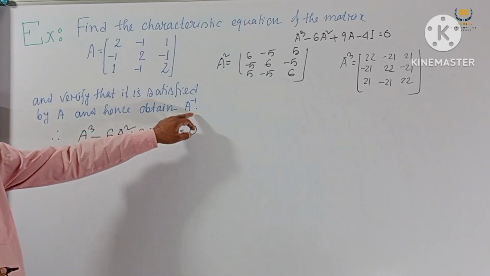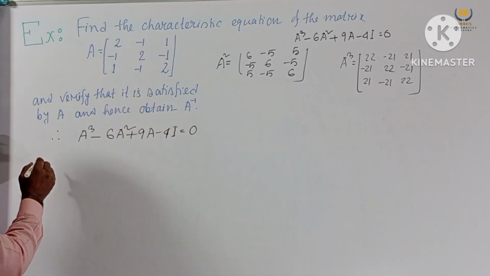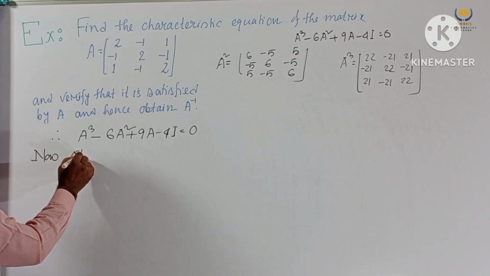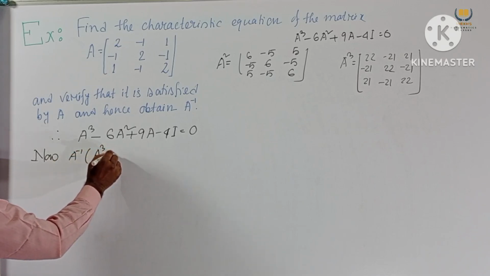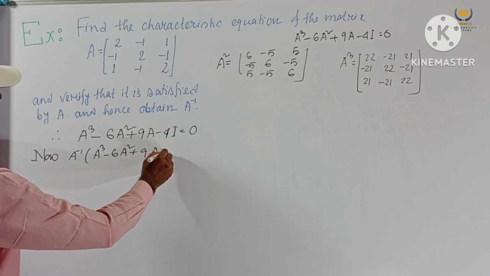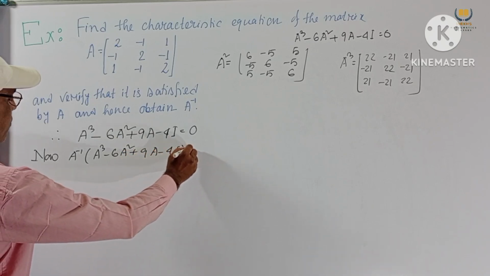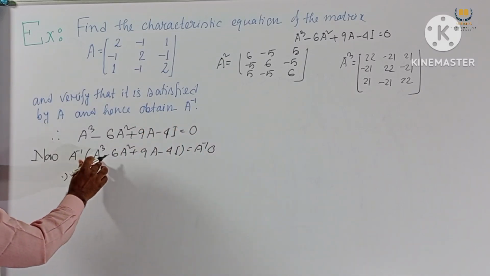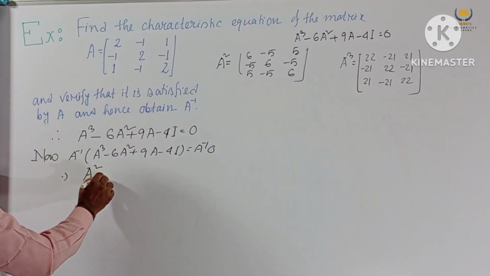Next our requirement is A inverse. So multiplying both sides by A inverse, we get this. This and this we get A square.